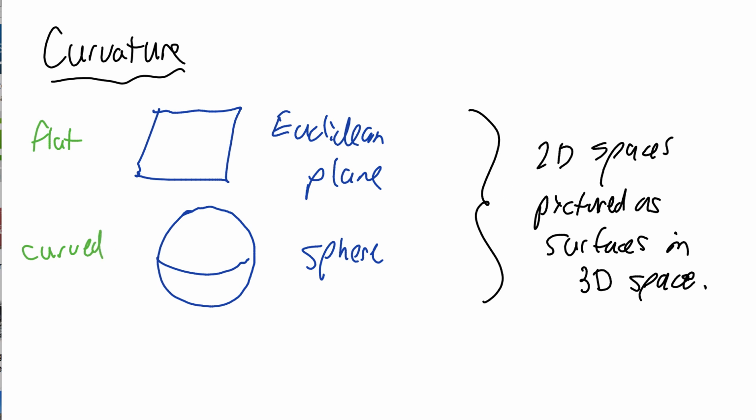Now remember, there are two types of geometries, or two types of curvature that we can talk about. There's intrinsic curvature: the intrinsic curvature of a space or a space-time just depends on the intrinsic properties of the space itself.